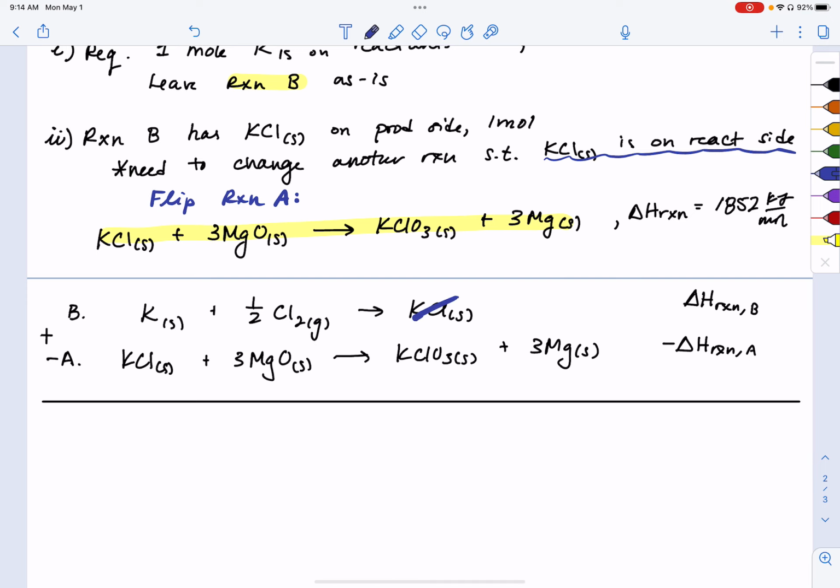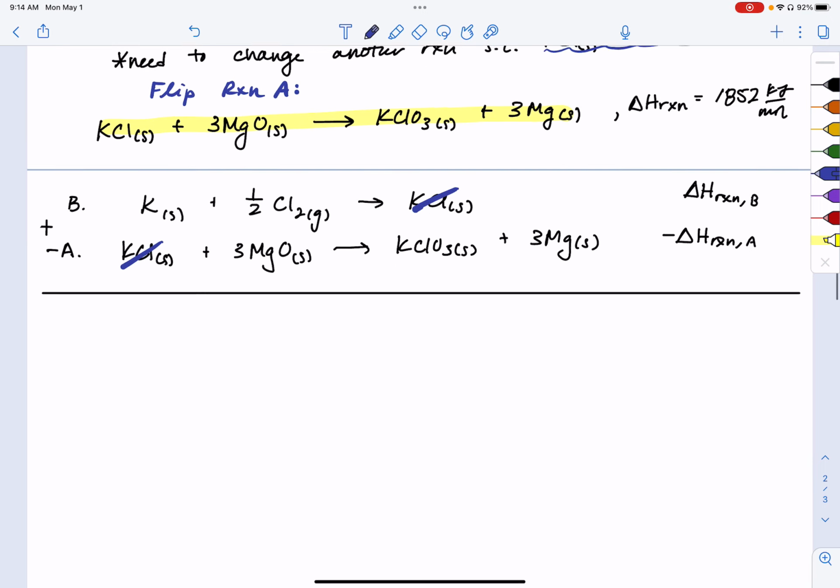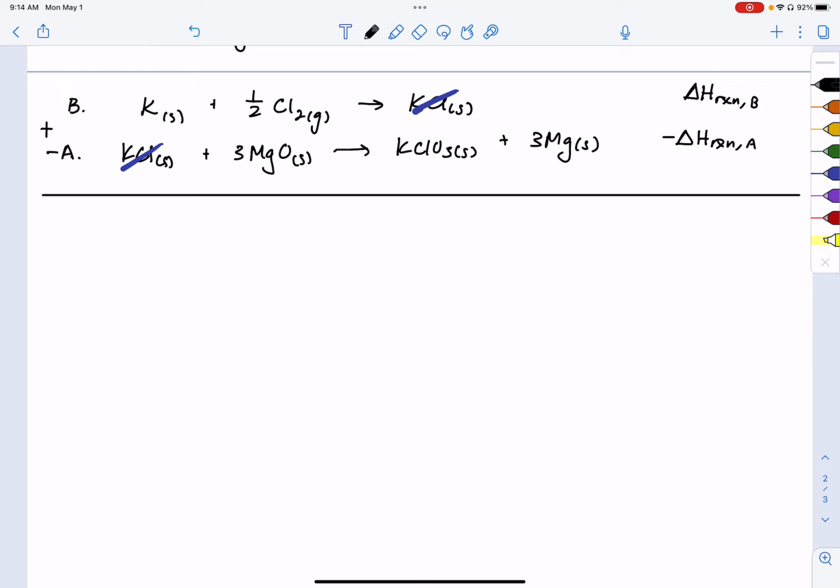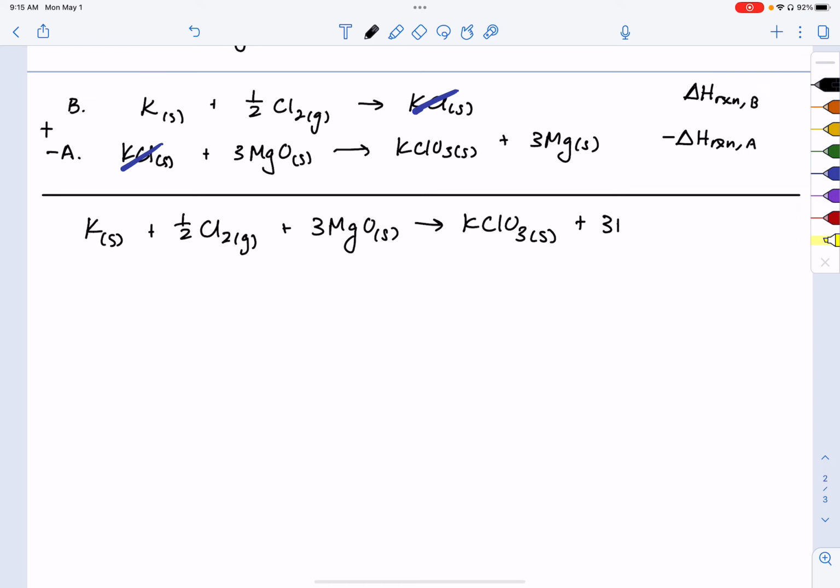So I definitely get those KCl's canceled, which is good. That's what I wanted. So this would leave me with K solid plus 1/2 Cl gas plus 3 MgO solid going to KClO3 solid and 3 magnesium solid.